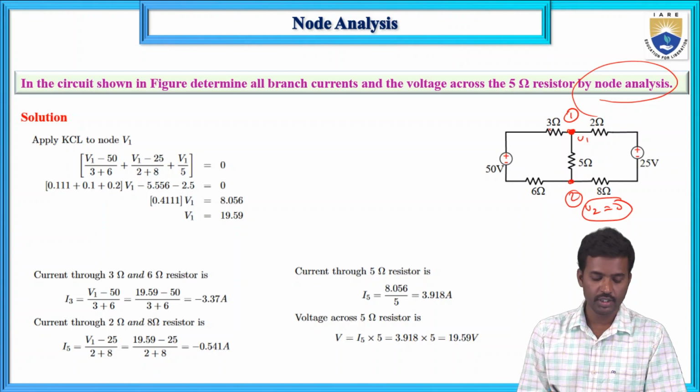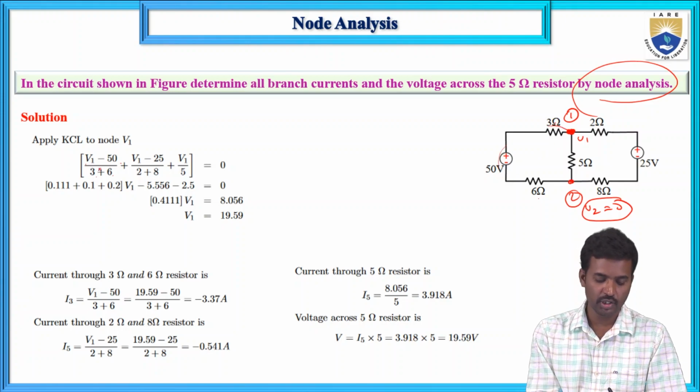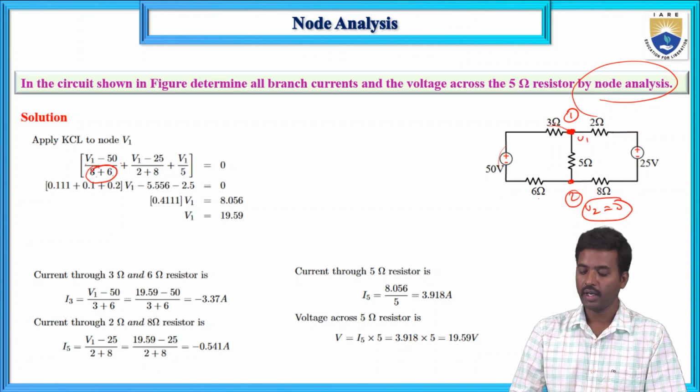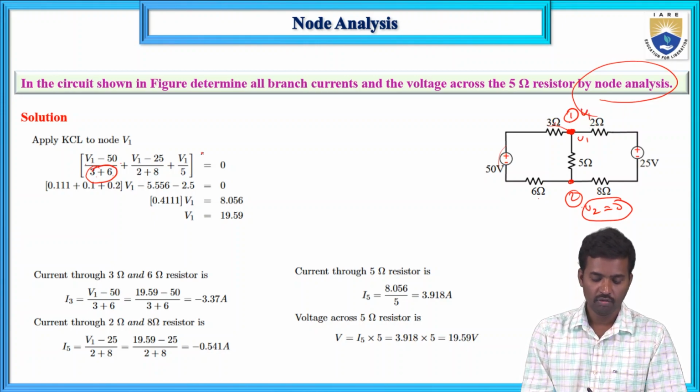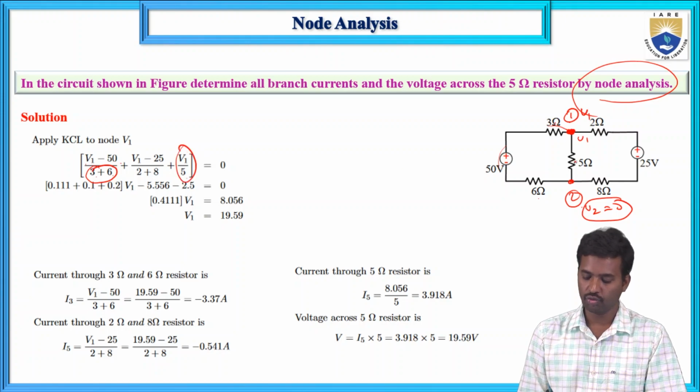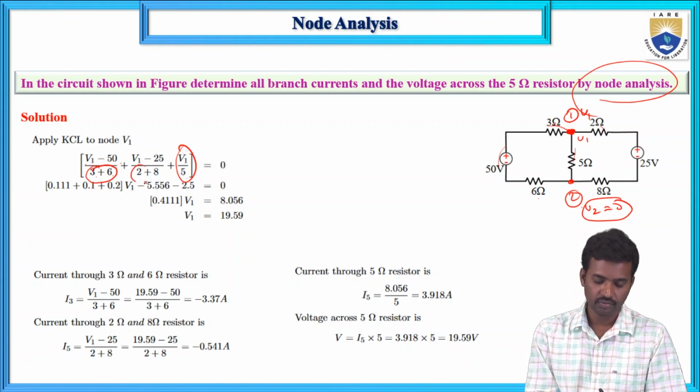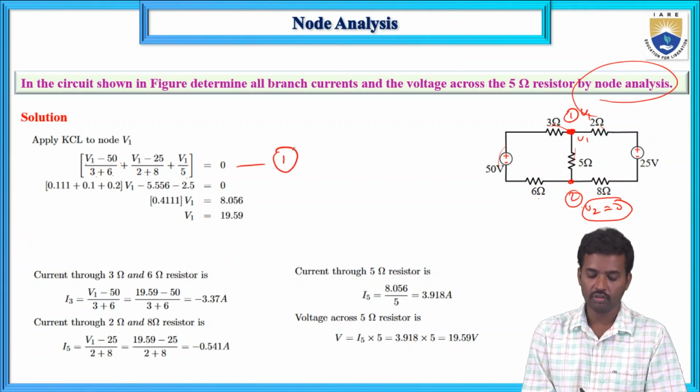Apply KCL at this node: (V1 minus 50) by (3 plus 6), and next (V1 minus 0) by 5, and next (V1 minus 25) by (2 plus 8). This is the junction equation 1.